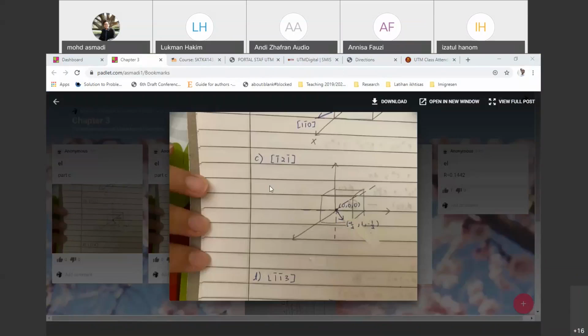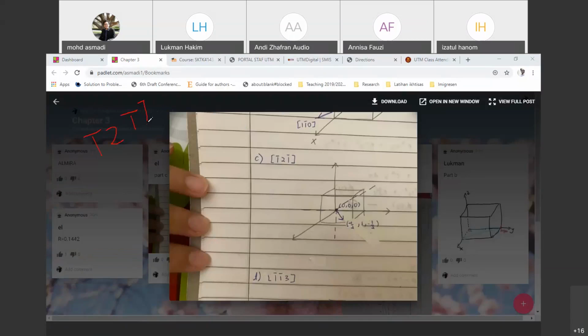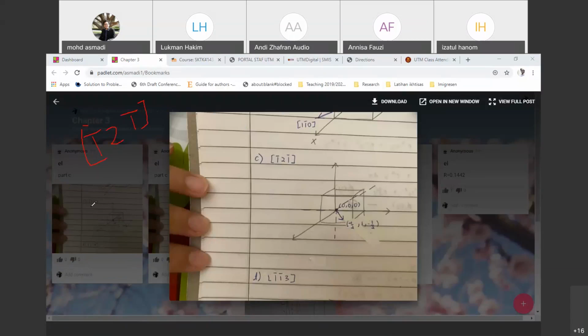Since our target is negative 1, isn't it? The answer is negative 1, right? Direction is 1, 2, 1, right? Is it correct? I forgot the question. Let me see. What is the question?